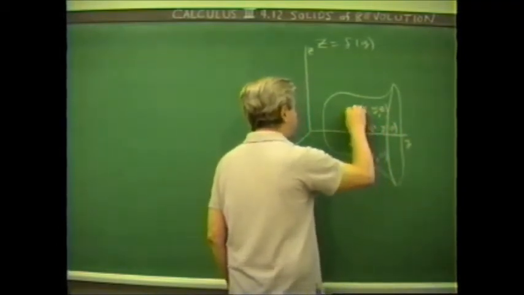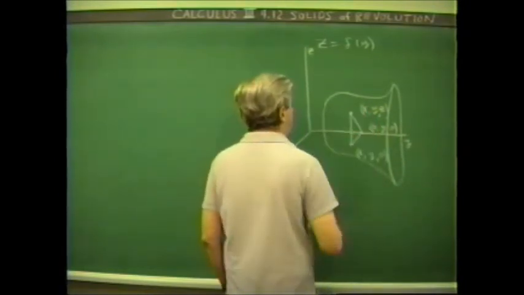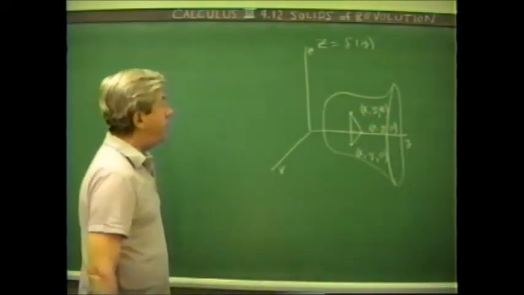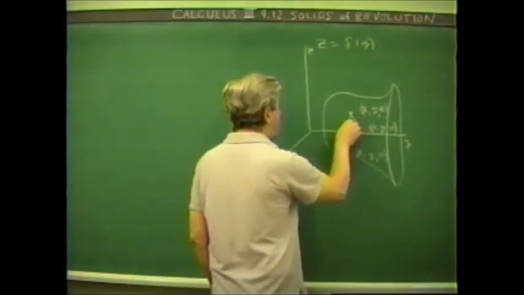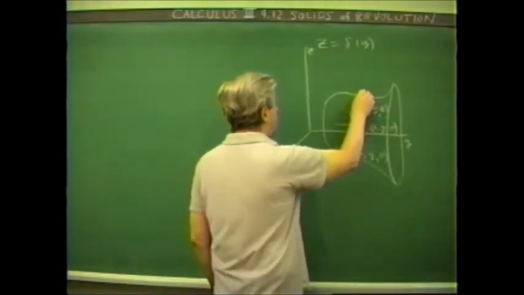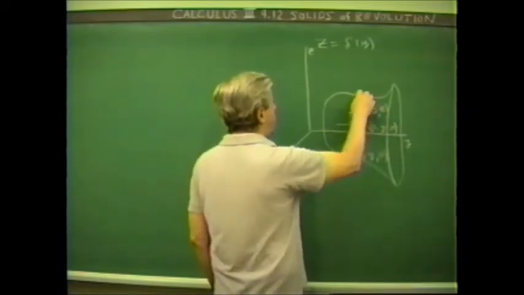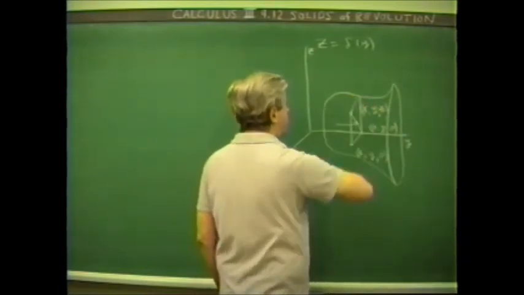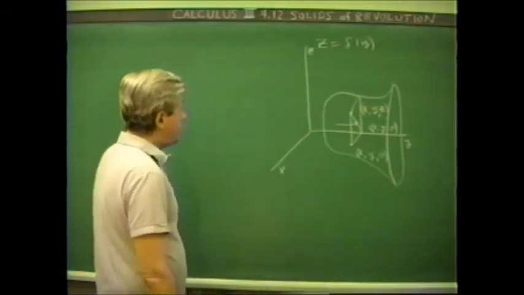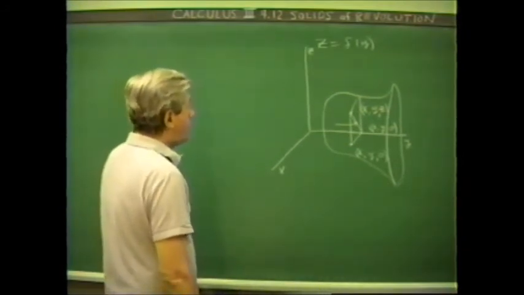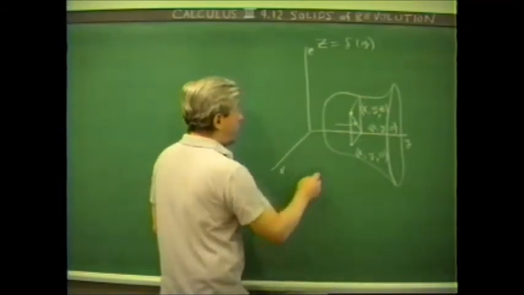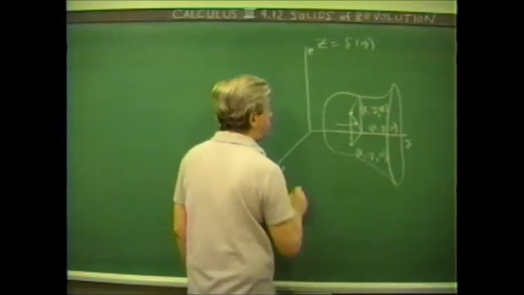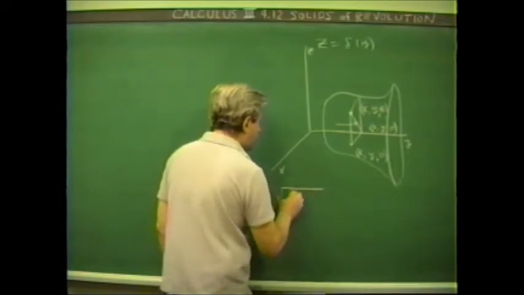This point here. And in order for a point x, y, z to be on this curve, what must happen is that this distance right here must be equal to the value of the function, so that we get a circle over here. That's to say, what we must have is that this point right here, x, y, z, its distance to the point 0, y, 0 is square root x squared plus z squared.